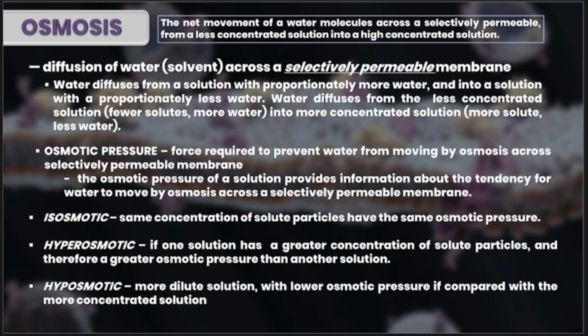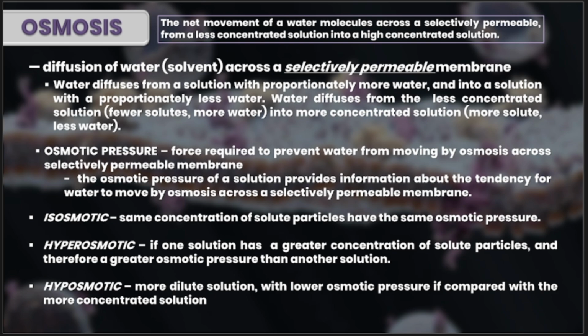We also have hyperosmotic. A hyperosmotic solution has a higher concentration of solute particles and would have higher osmotic pressure compared to another solution. This means it will draw water towards itself if separated by a selectively permeable membrane.